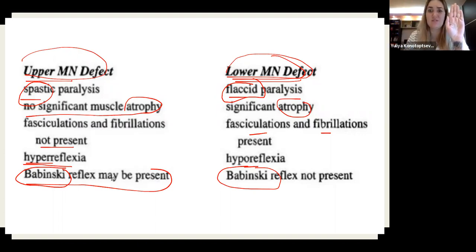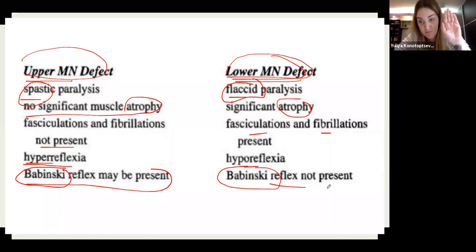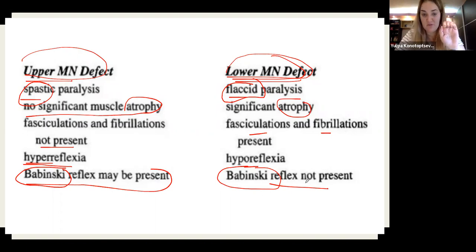Your brainstem is damaged. Your toes do this. Babinski reflex not present is when your toes do this. If I do this movement, they do this. So they do flexion. This is if it is not present. If it is present, toes do extension. You get it? But watch a video at home.